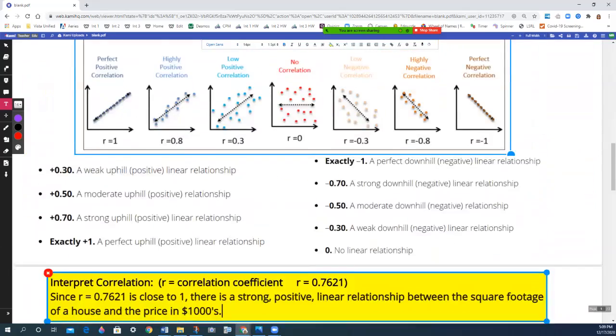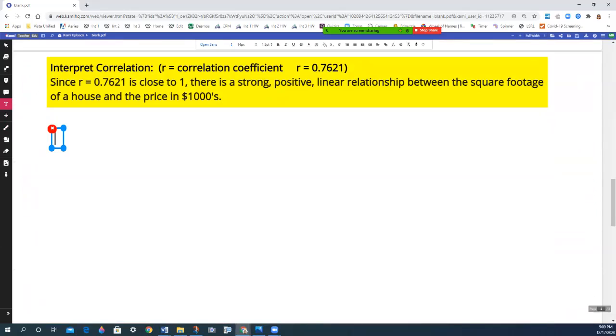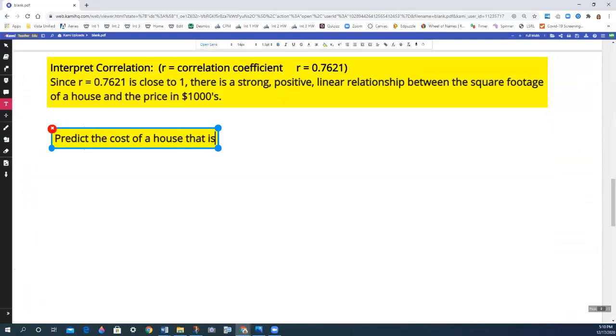So let me get a new text box. What we're going to do is predict the cost of a house that is 2,450 square feet.